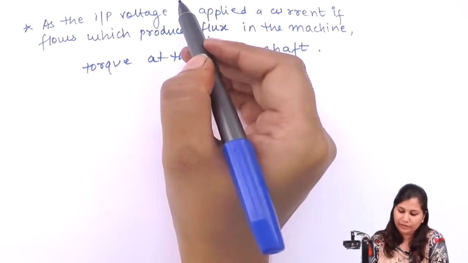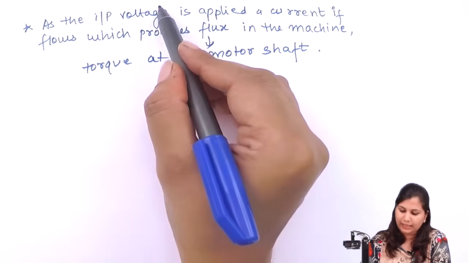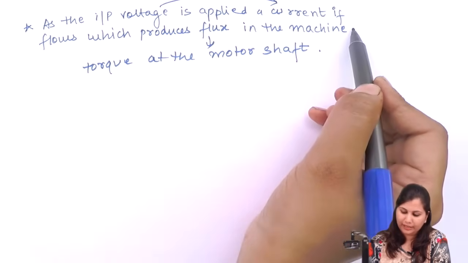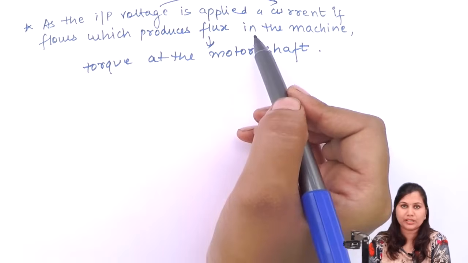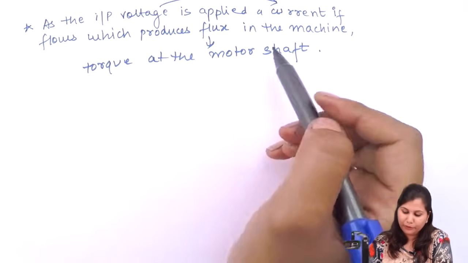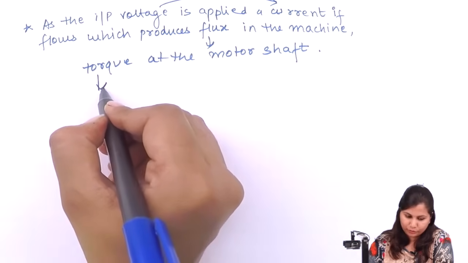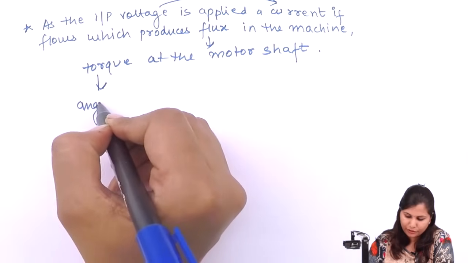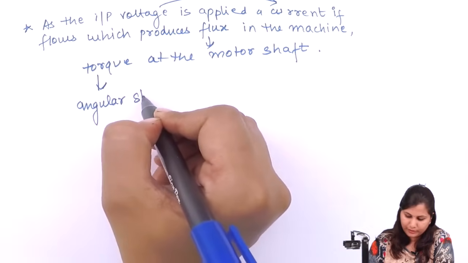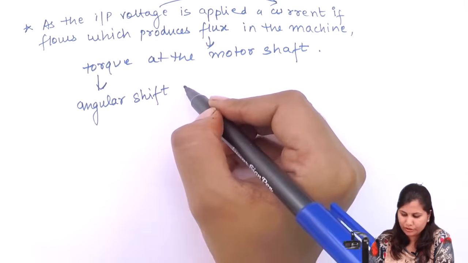So the input voltage is applied, due to which the current flows, the current produces the flux, the flux further produces the torque, and due to this torque an angular shift takes place in the motor shaft.